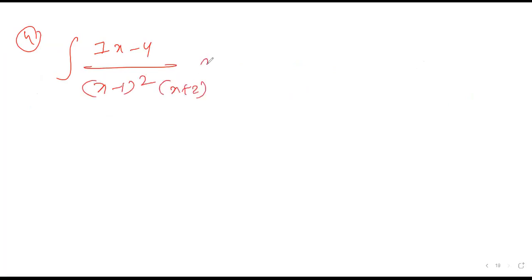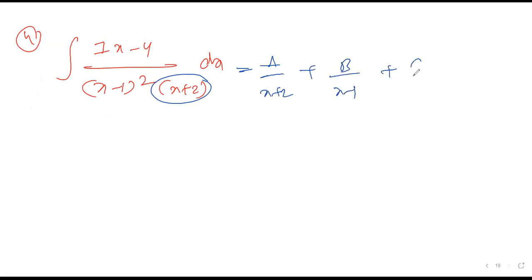Now the fourth question, second bit: 7x minus 4 by x minus 1 whole square and x plus 2 into dx. It looks like the same model. First of all, I'll take A by x plus 2, plus B by x minus 1, plus C by x minus 1 whole square.